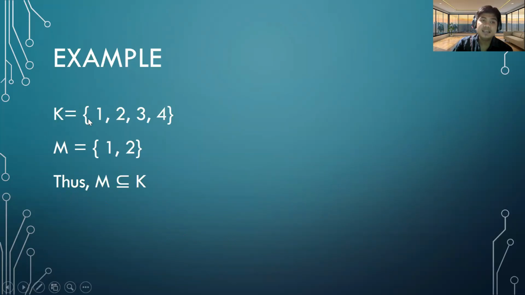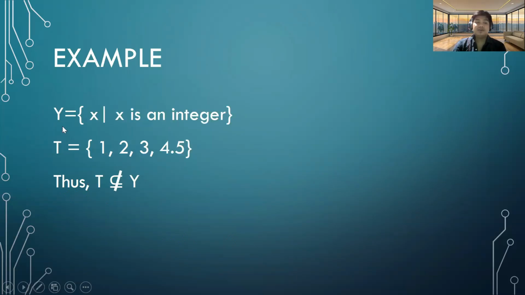We have set K. Set K has elements 1, 2, 3, and 4. And set M has elements 1 and 2. So we know that M is a subset of K because all elements of M can be found in K. Since all elements of M are available in K, that means M is a subset of K.